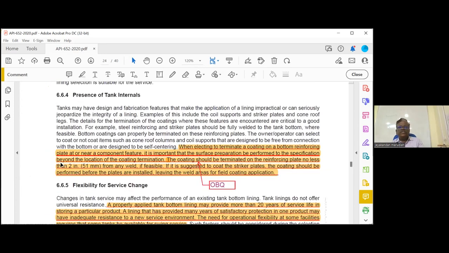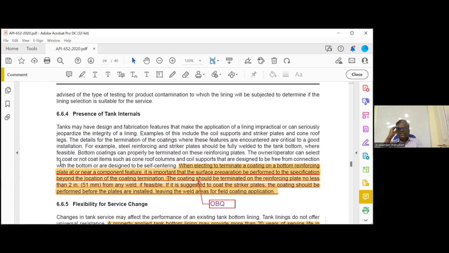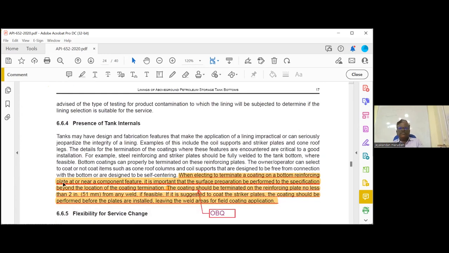Then please go to the next page. Presence of tank internals, page number 17, the last 4 lines. When electing to terminate a coating on a bottom or reinforcement near a component, it is important the surface preparation is performed to specification beyond the location. The coating should be terminated on the reinforcement not less than 2 inches from any weld.